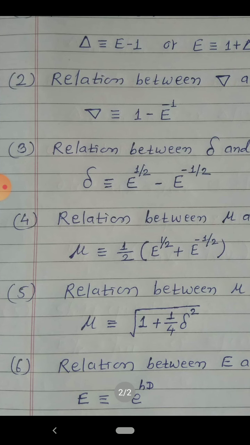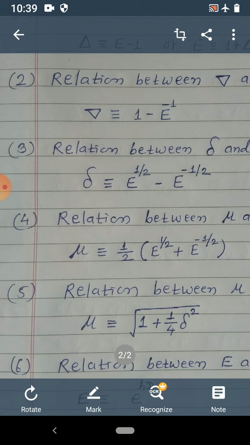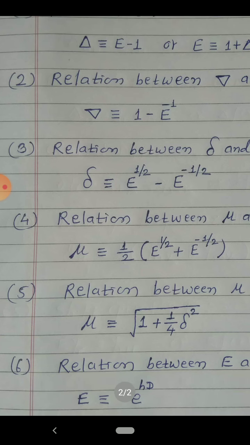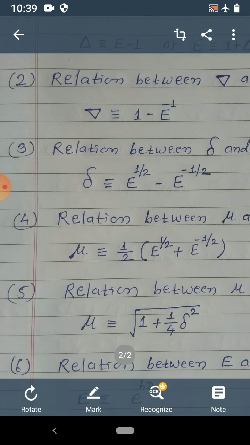That means if we consider del f of x, it can be written as f of x minus e raised to minus 1 f of x. But e raised to minus 1 f of x is f of x minus h, and like that.